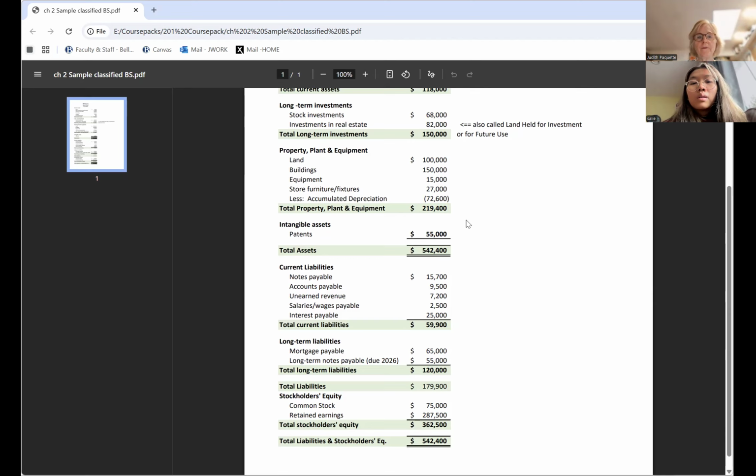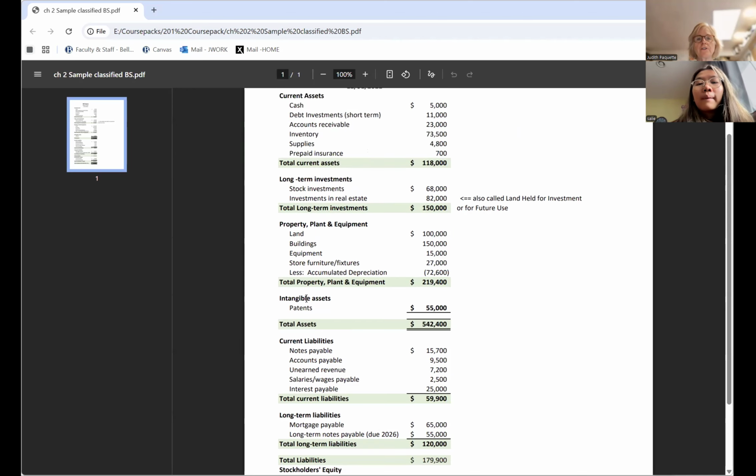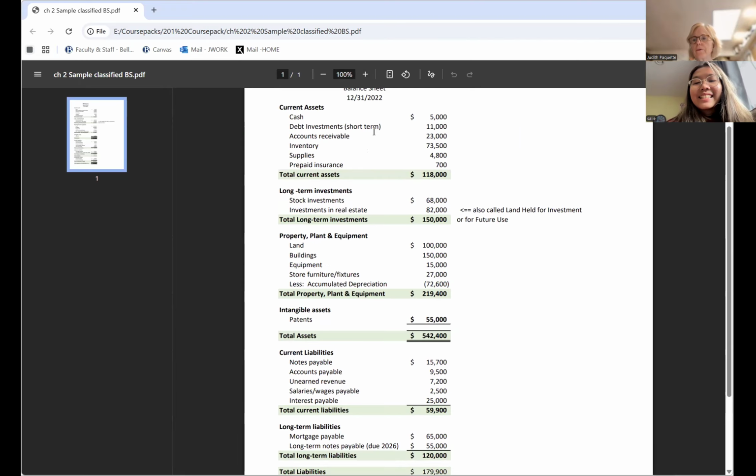Patents, goodwill, trademarks, all of those go here. Which one goes first for intangible assets? It doesn't matter. It's really just for current assets and current liabilities that it matters.